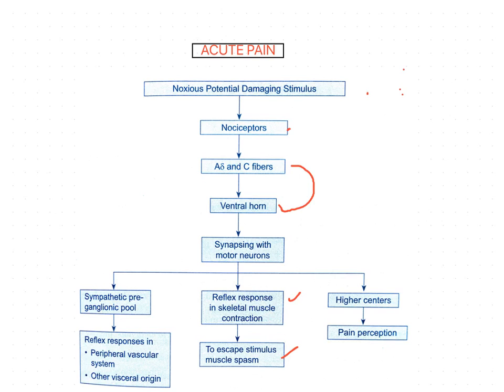Okay. And what are the other ways? One is the sympathetic preganglionic pool, which also causes reflex responses in the peripheral vascular system or other visceral organs. And if the same sensation or stimulus reaches the higher centers, then we can appreciate the pain perception.